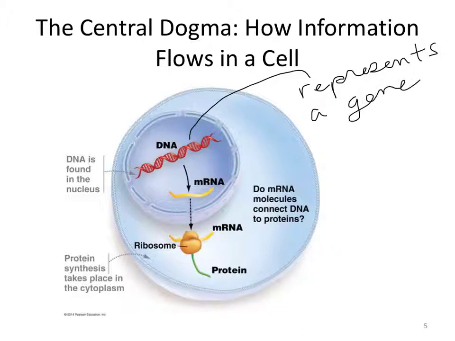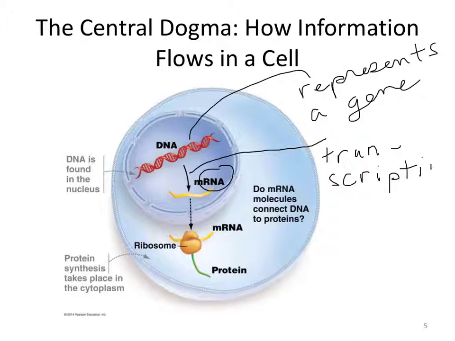Not the entire chromosome. That gene is being used to make a very important molecule called messenger RNA. That's this, okay, shown in yellow. That process, as depicted by this arrow, is the process of transcription. And it's done by something called RNA polymerase.